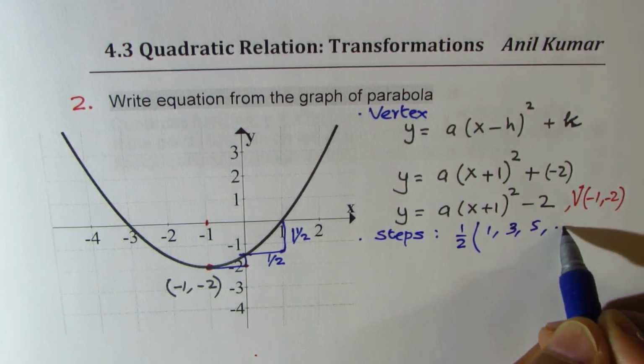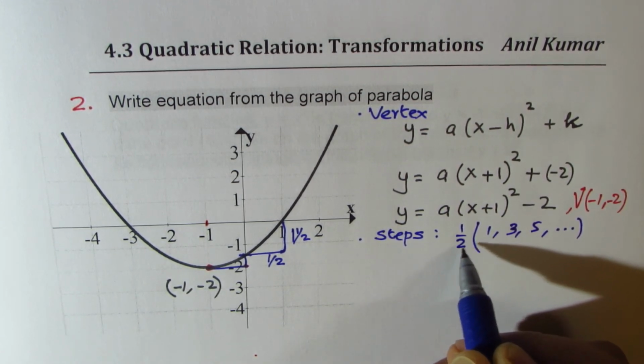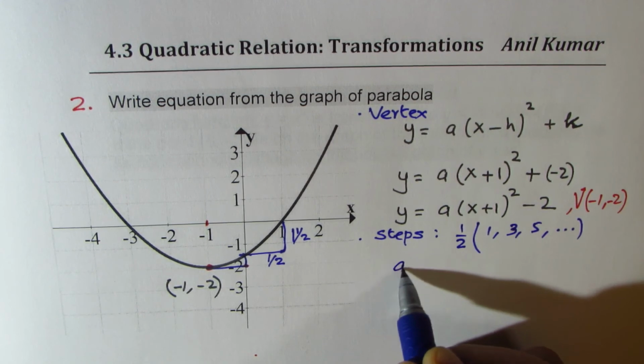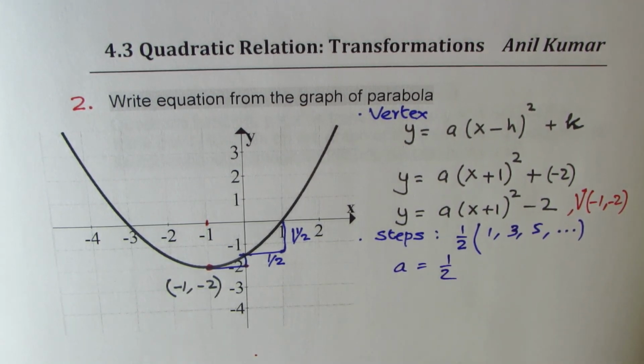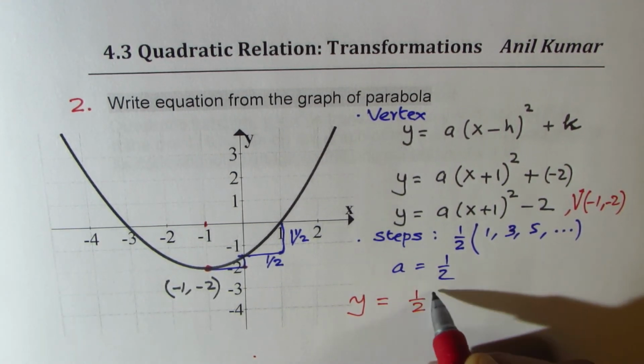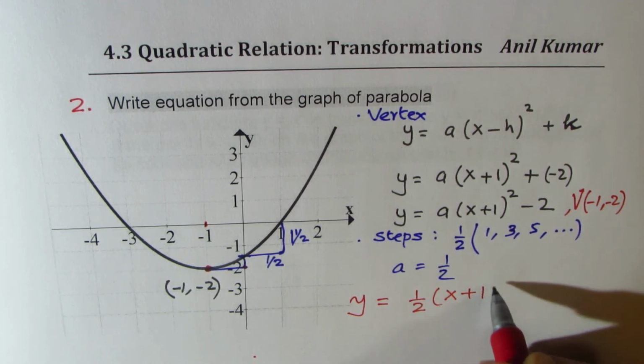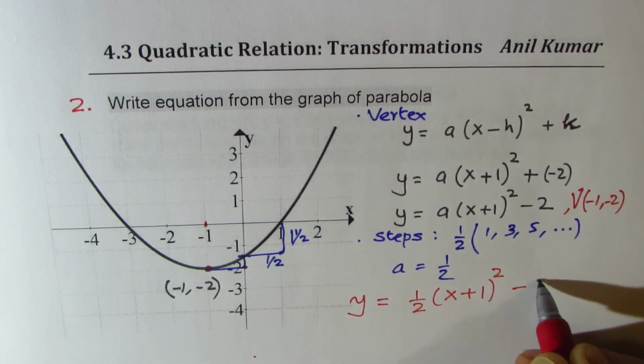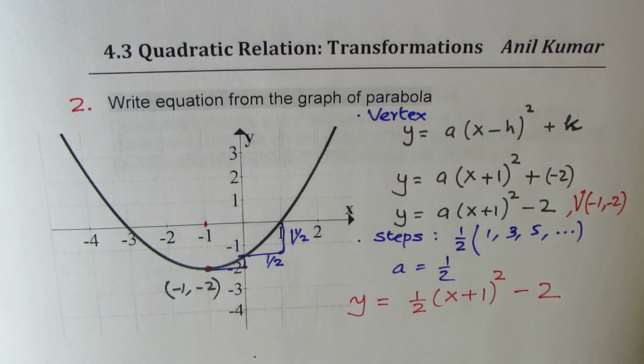It is 1, 3, 5, 7, but half is getting multiplied. So a equals half. Does it make sense to you? So do you get the equation? Yes, you do. You get your equation as y equals half (x plus 1) whole square minus 2. Perfect. So simple. It should not really take more than a minute to get the equation from such a graph. Okay? I hope that makes sense.